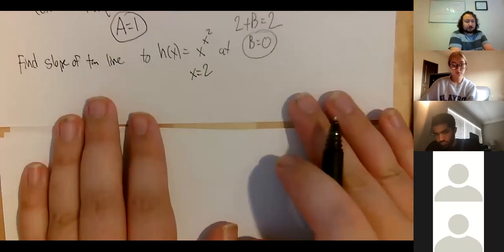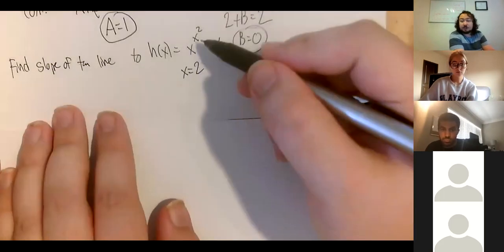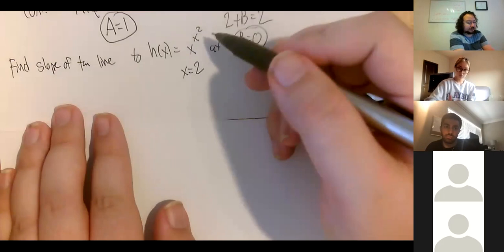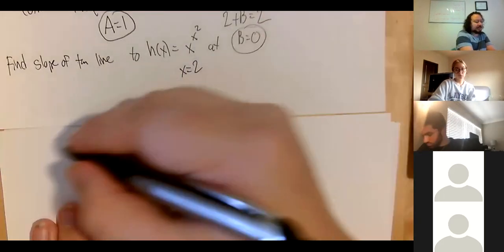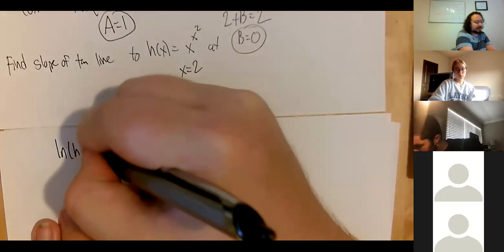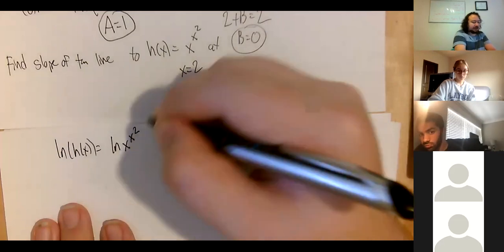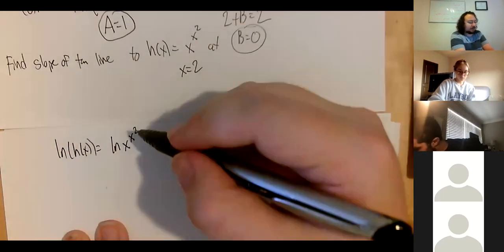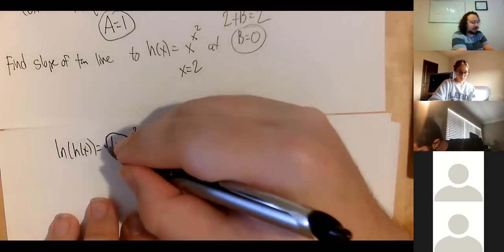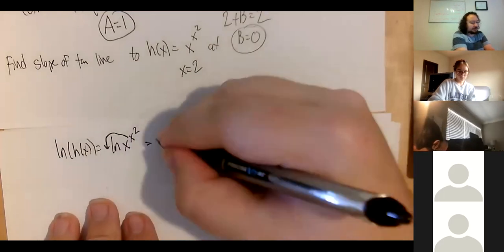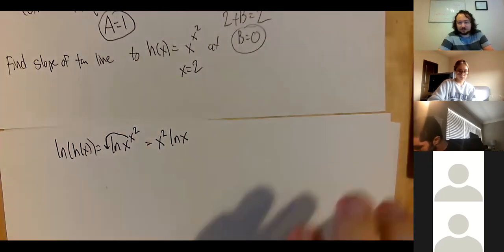All right, so in order to do this, we need to use logarithmic differentiation, because we have this kind of crazy exponential tower going on. So we see that ln of h of x must equal ln of x to the x squared. And this will allow us to move the x squared out to the front. This will be x squared ln of x here.